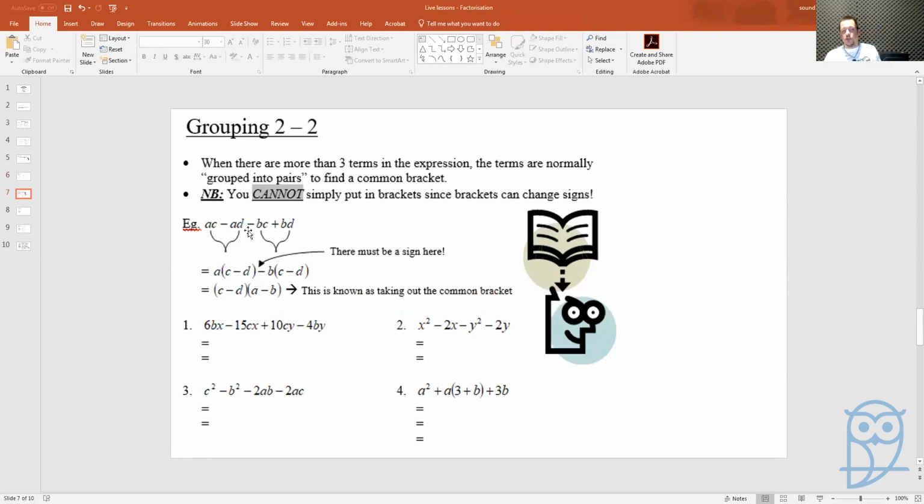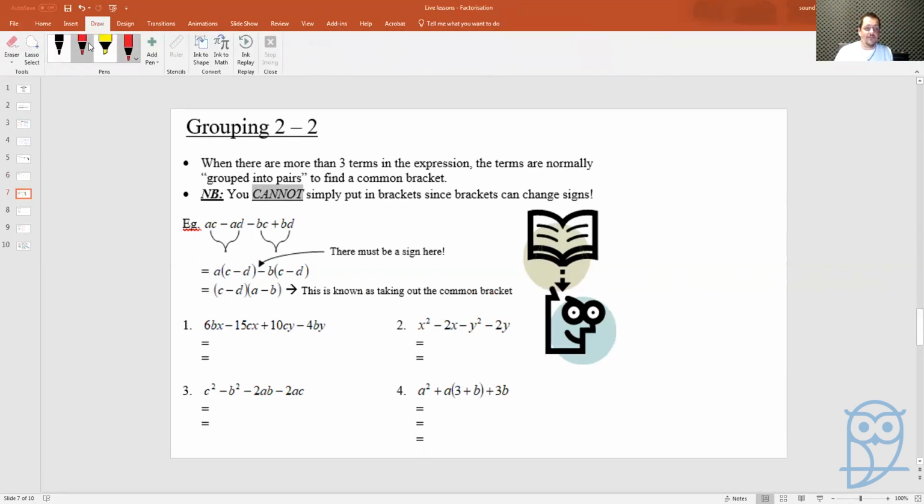And then you're going to look for a common factor in each of those pairs separately, with the aim of getting the brackets that are going to be remaining to be equal. And the point of that is that those brackets will then become a common factor.